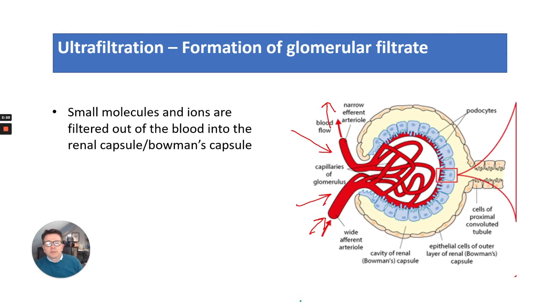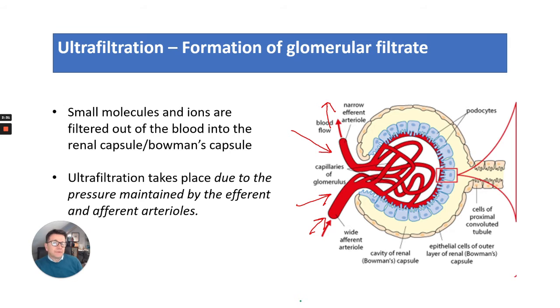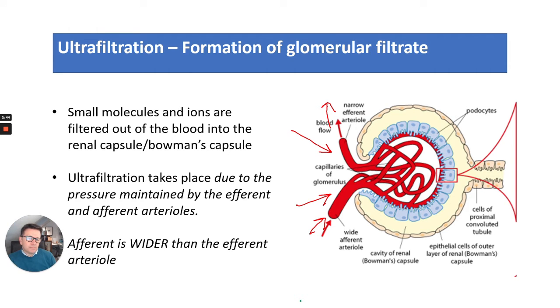So small molecules and ions are filtered out of the blood into the renal capsule or the Bowman's capsule. It doesn't matter which one you use. And ultrafiltration takes place due to the pressure maintained by the efferent and afferent arterioles. So the key thing is, why is the pressure higher? Well, it's because the afferent is wider than the efferent arteriole.